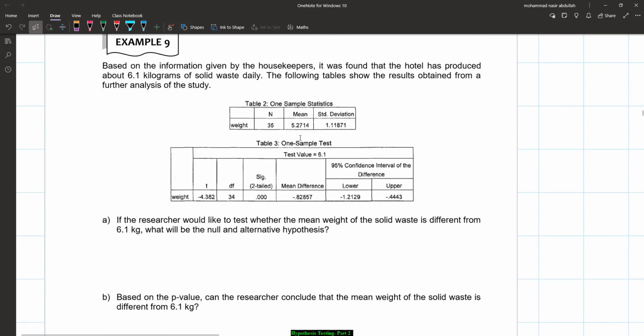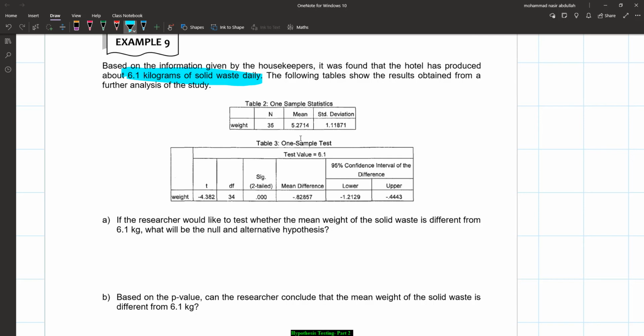So let's look at example number 9, based on the information given. It was found that the hotel produced 6.1 kilograms of solid waste daily. The following table shows the result obtained from a further analysis of the study.